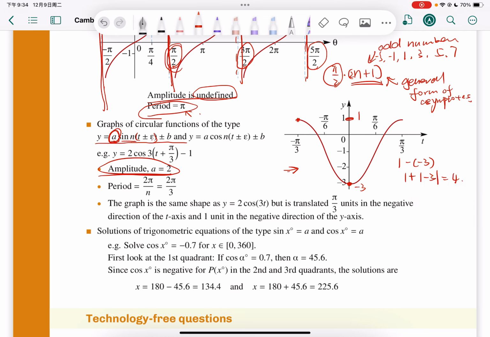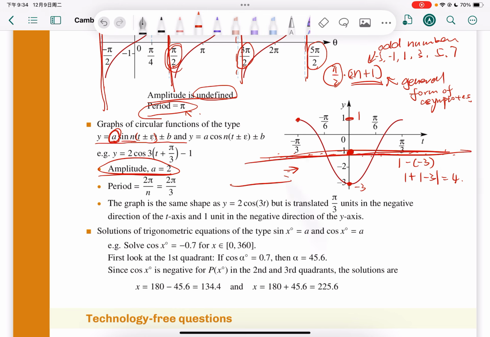So we're actually taking the median value of the highest and lowest point, and then take the mean. Then we have -1. If we take this -1 and draw a line over here, then it's actually the same as when we talk about the cos.